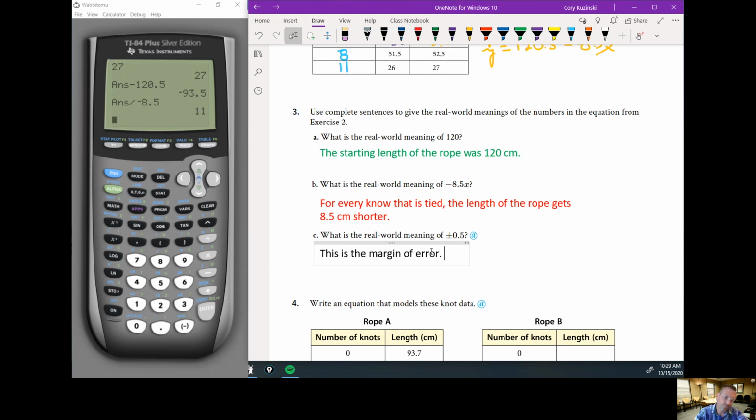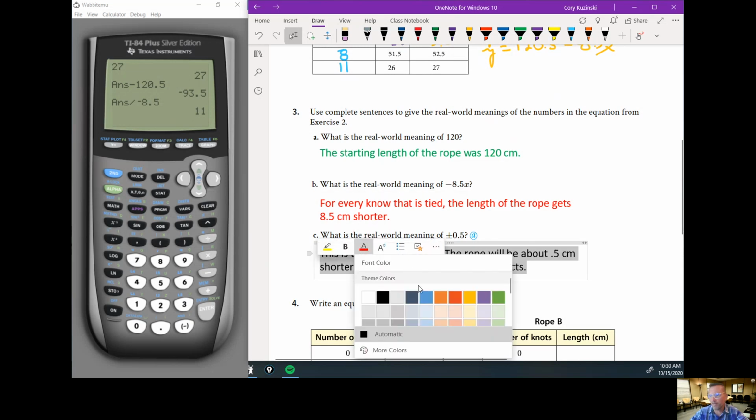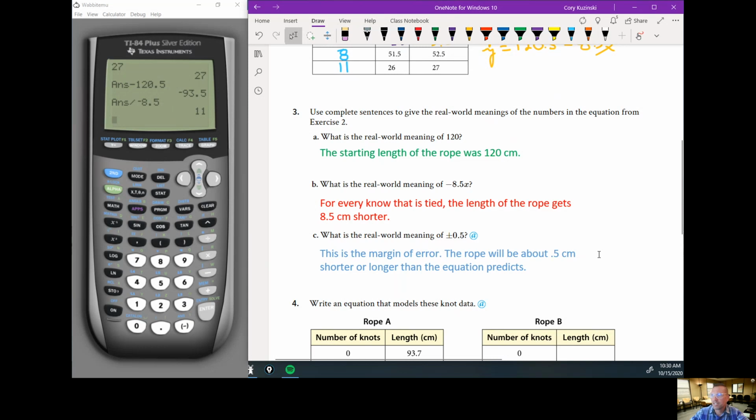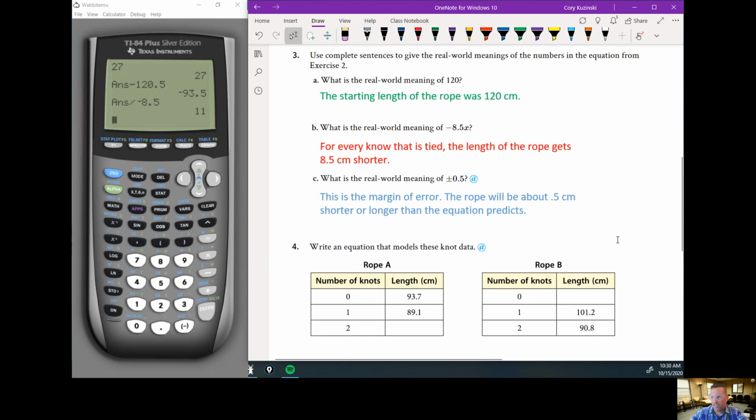In other words, the rope will be about 0.5 centimeters shorter or longer than the equation predicts, maybe something like that. So if we only went with 120 and we didn't have that plus or minus in there, then we would say that it's going to be within 0.5, either shorter or longer.